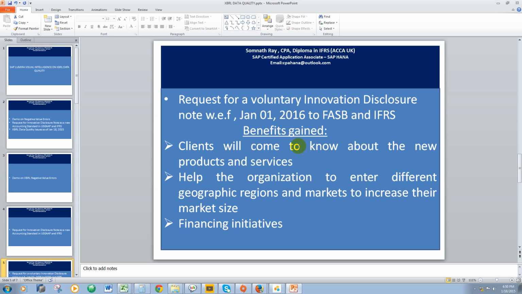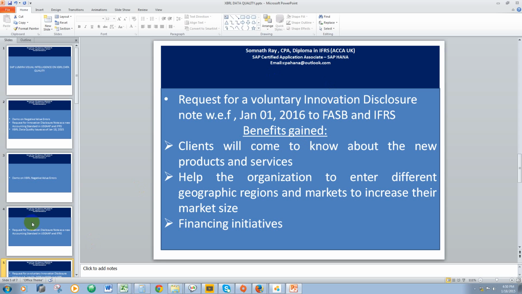This will also help the organization to enter different geographic regions and markets to increase their market size as well. And thirdly, it will also help their financing initiatives. So these are broadly the three major benefits gained by having this voluntary innovation disclosure note with effect from January 1st 2016, and this is a formal request to FASB and IFRS.